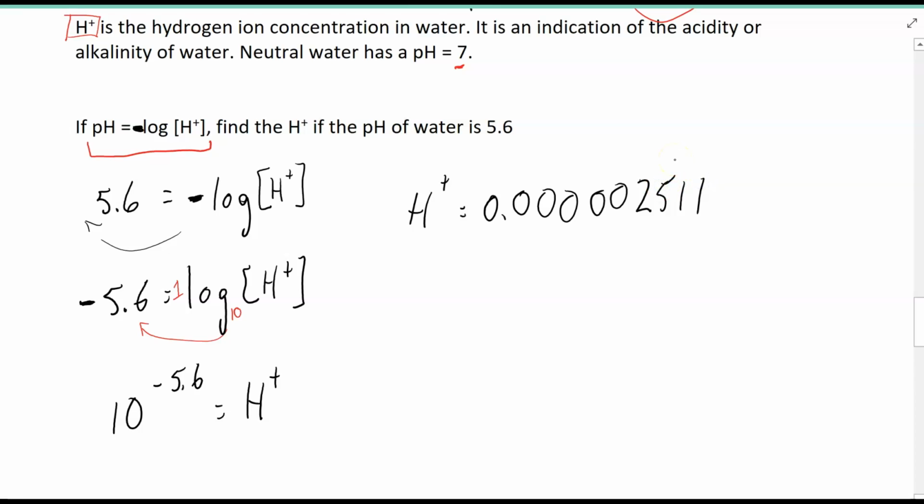This is the kind of number that it's useful to use scientific notation. And so this will be equal to 2.511 times 10 to the power of -6 moles per liter.